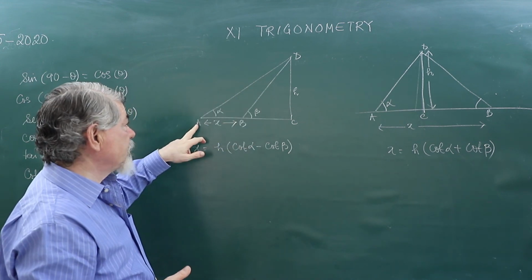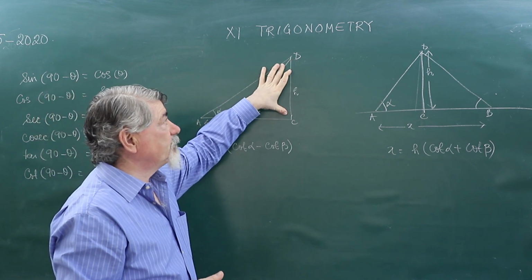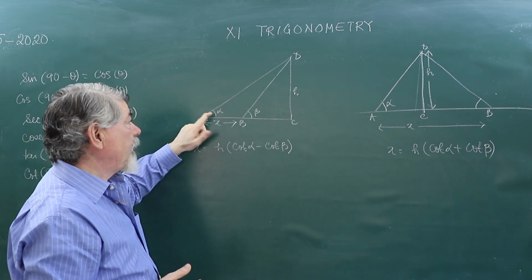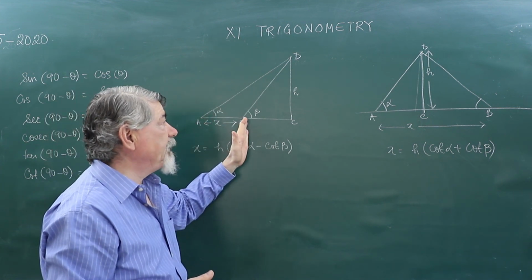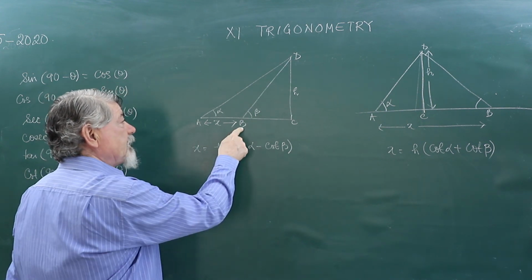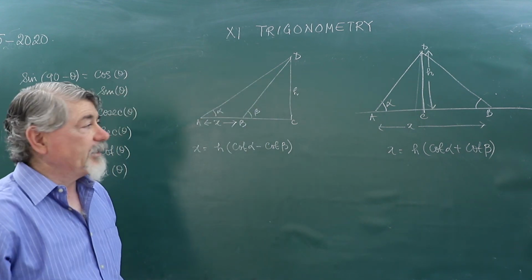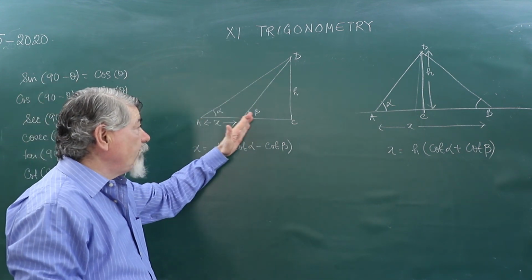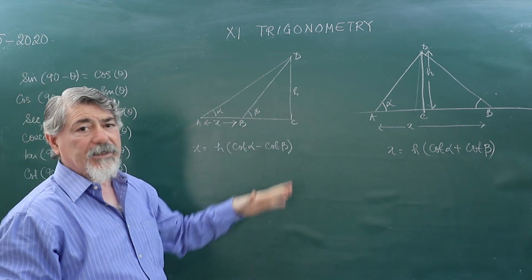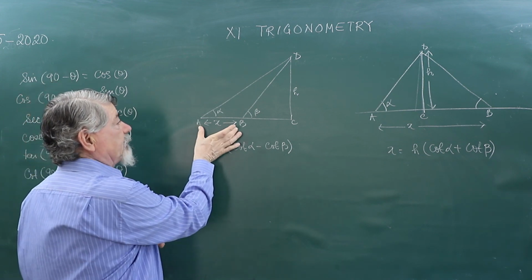For example, you are standing at a point A, observe the angle of elevation of the top of this building CD as alpha, then move towards B and observe the angle of elevation to be beta. Or you are standing at B with angle of elevation beta, and move away so that the angle of elevation changes to alpha, and we have to find the height of the building, or we have to find the distance.